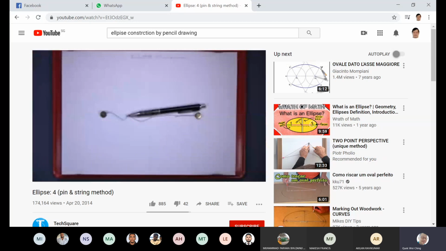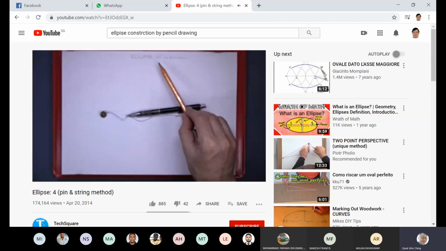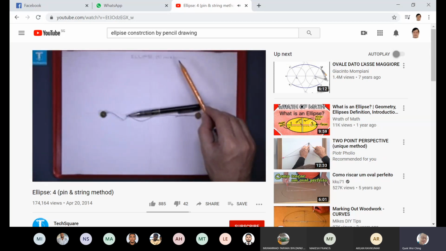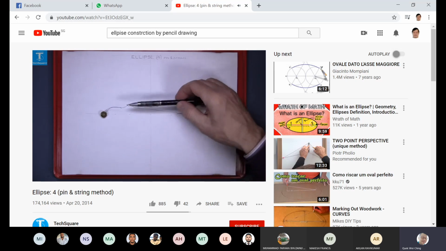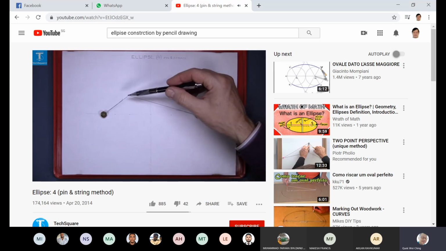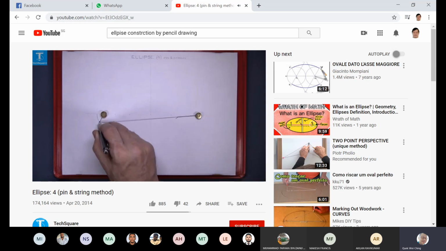This video shows how people construct an ellipse. There are two fixed points. Then you can draw the ellipse from here. These two points are fixed, so get a pencil and draw it here.